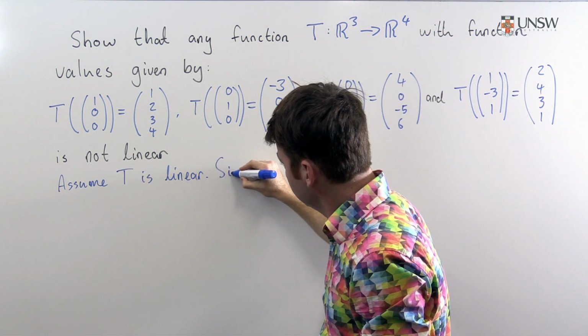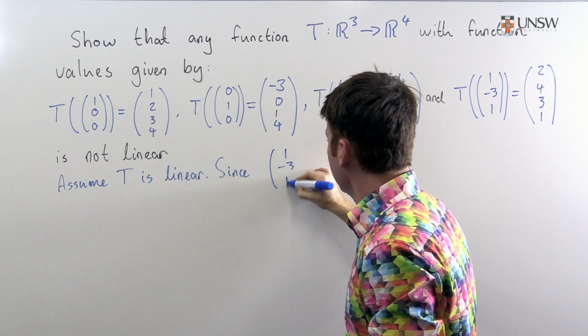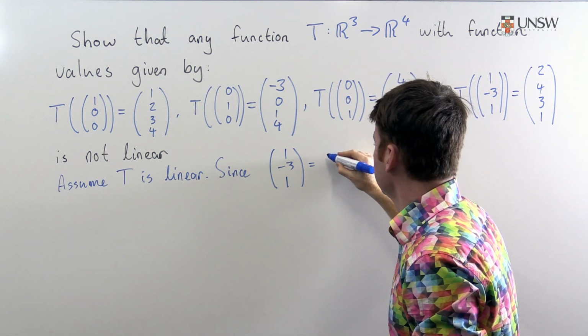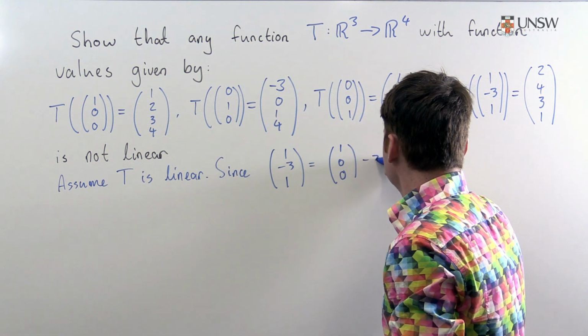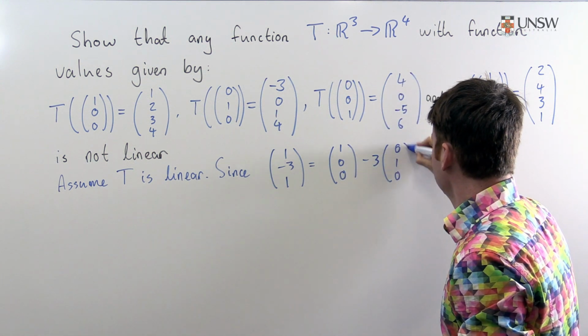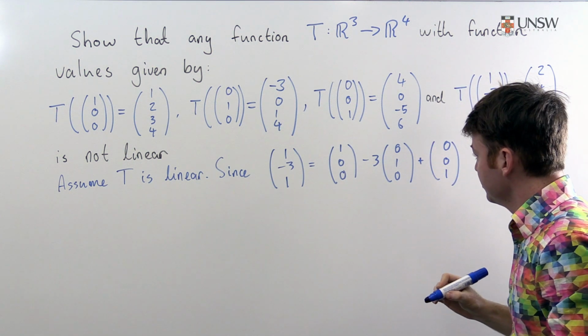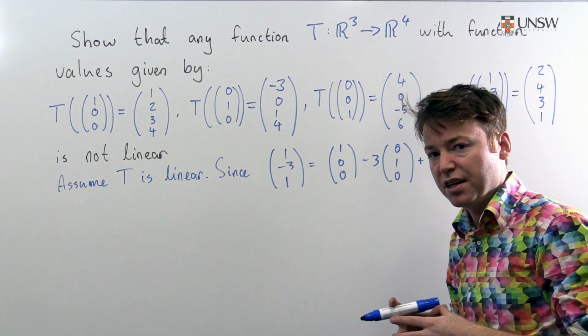Since the vector (1, -3, 1) is equal to the vector (1, 0, 0) minus 3 times (0, 1, 0) plus (0, 0, 1), I can apply T to both sides of this equation.